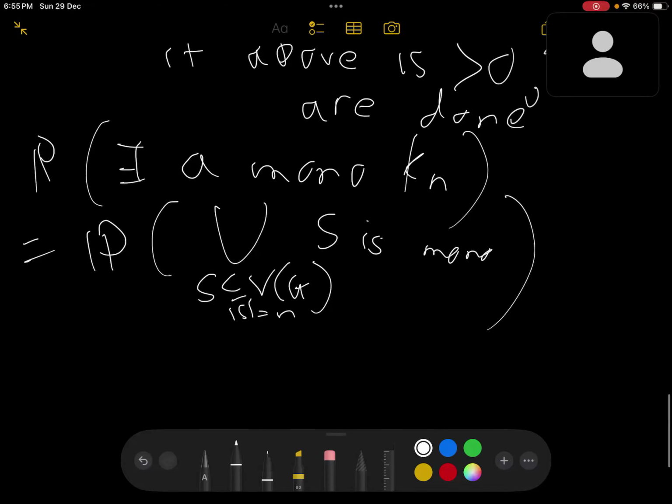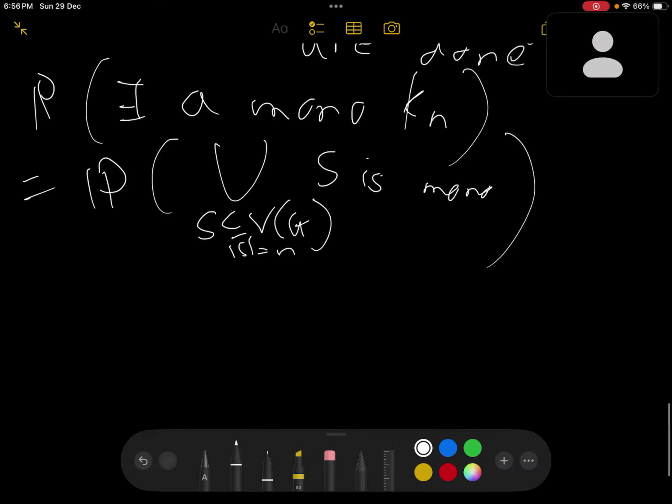So what's the probability that there's a monochromatic gain? It's the probability of the union of the events that S is monochromatic, where S is a subset of Vg of size n. I will use the first basic bound from probability, which is called the union bound. This is a very important bound.